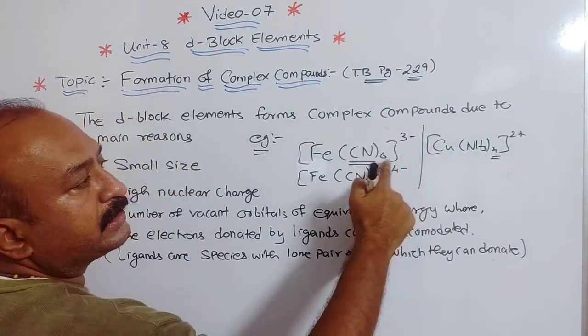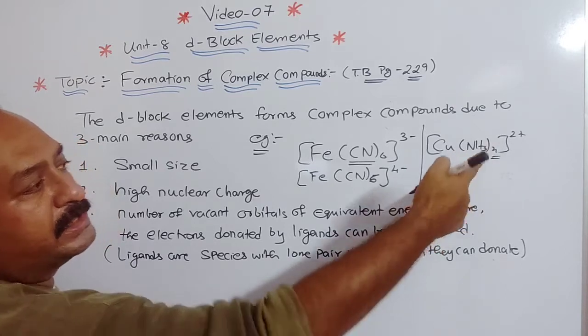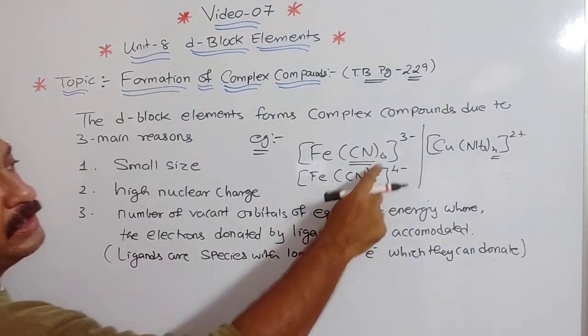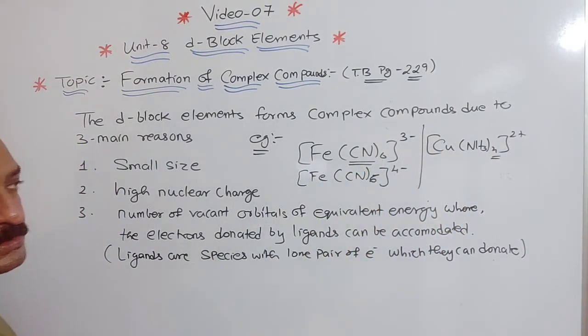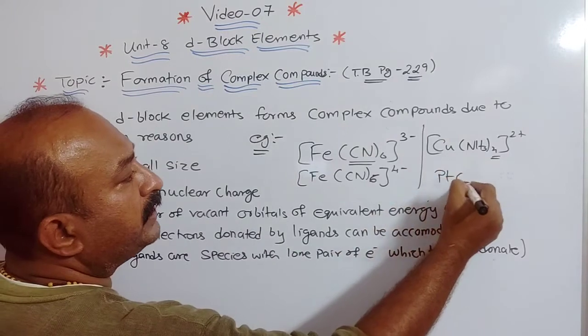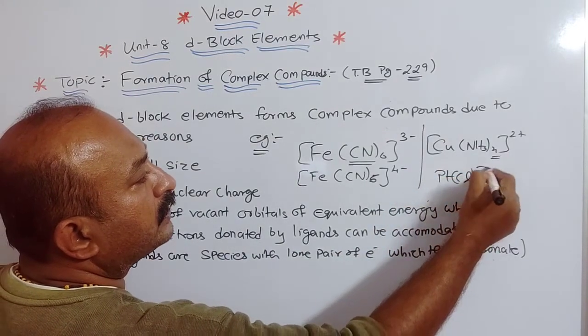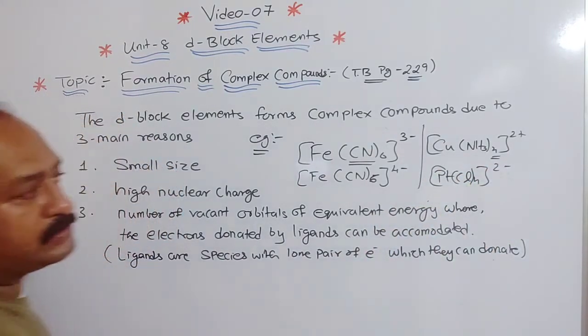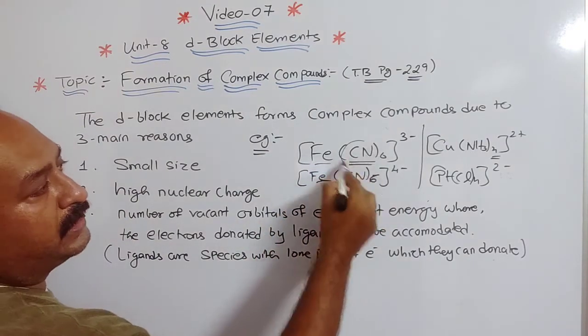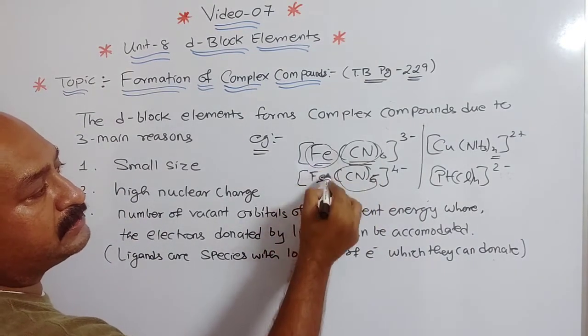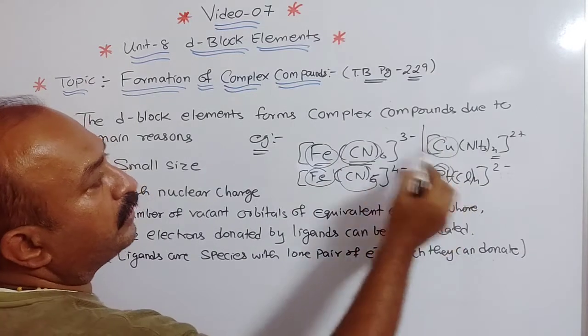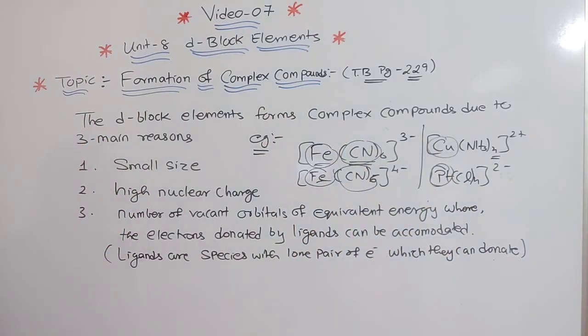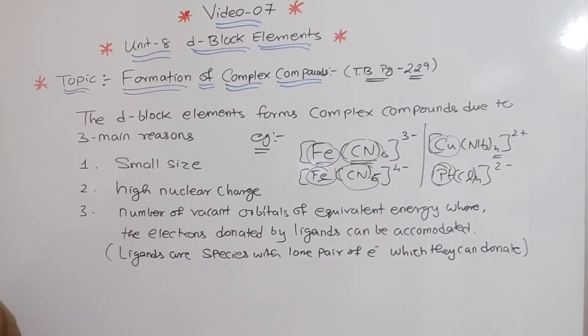Here the number of neighbouring lone pairs donating is 4, so the coordination number is 4. Here it is 6, so the coordination number is 6. I will explain this in the 9th chapter. Then another is given, PtCl4 2-. These are all bonded to metals, the d block elements, and they form complexes like this.